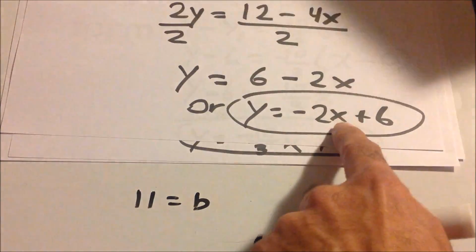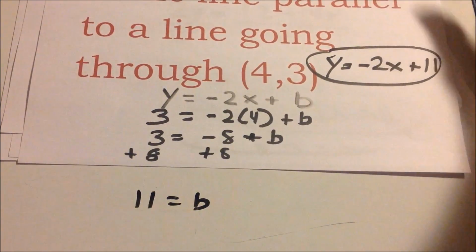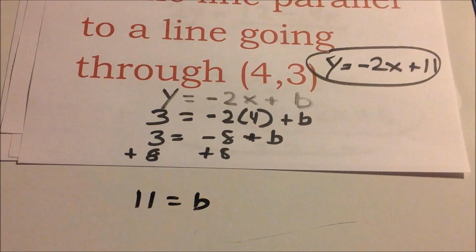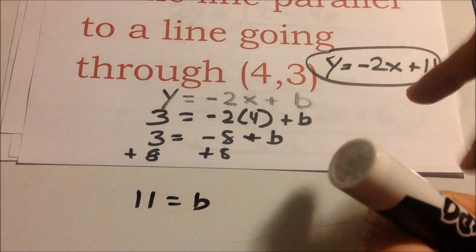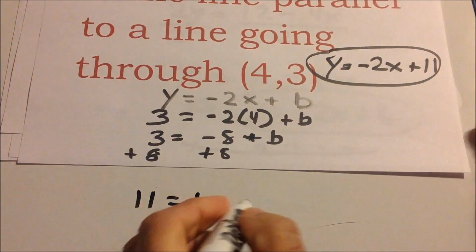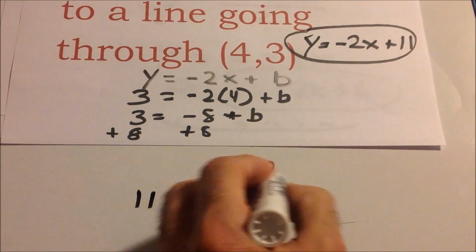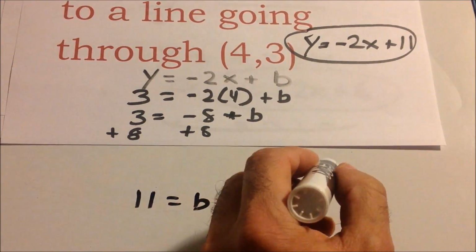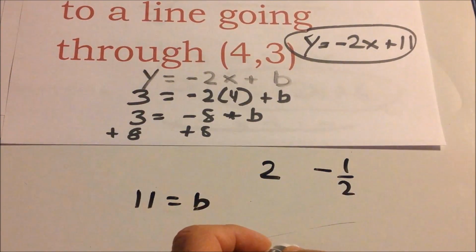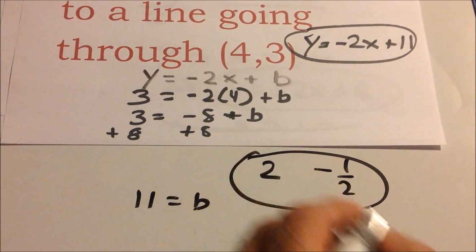They're parallel, and again, parallel lines have the same slope. And just to remember, perpendicular lines have the negative reciprocal slope. For example, if I had a line with a slope of 2, the negative reciprocal would be negative 1/2. This is for perpendicular lines.